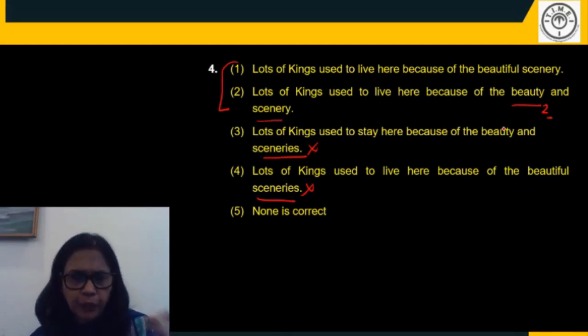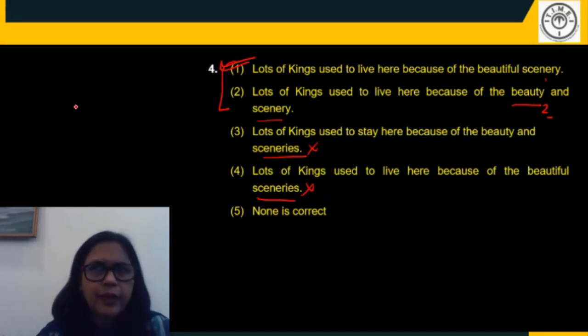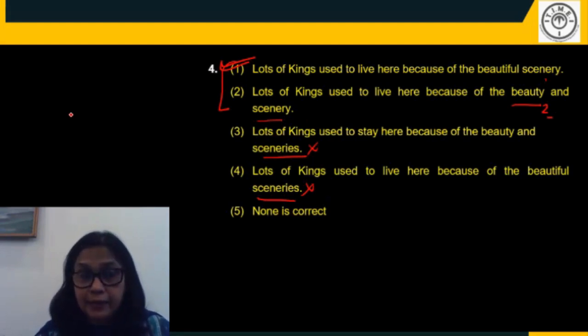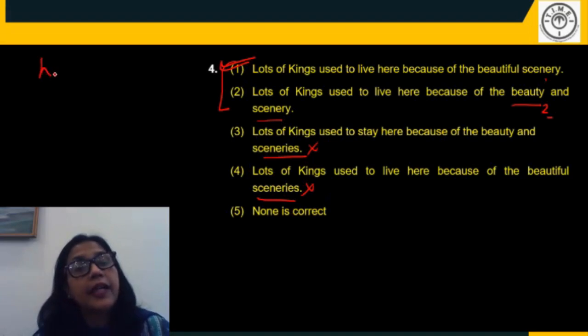When you structure the sentence like this, because of the beauty of what? Beauty of nature or something, then it would make sense, right? Live here because of the beautiful scenery. So the place was very scenic, right? There are certain words where spelling errors are also one thing that you have to keep in mind. There's nothing like sceneries. Which are the other words like these? Hares. There's nothing like hares.